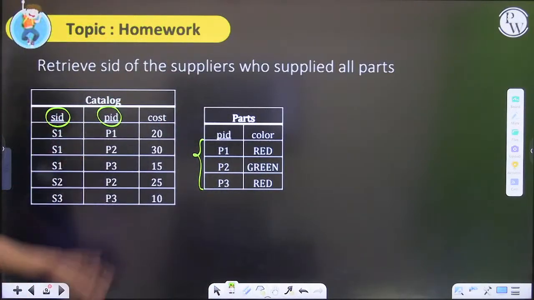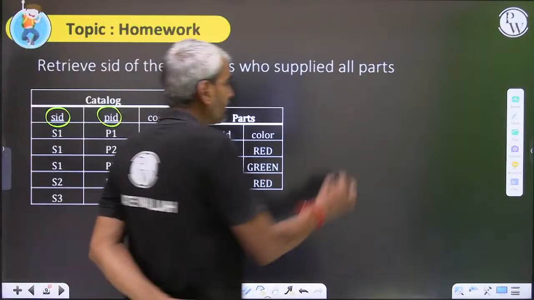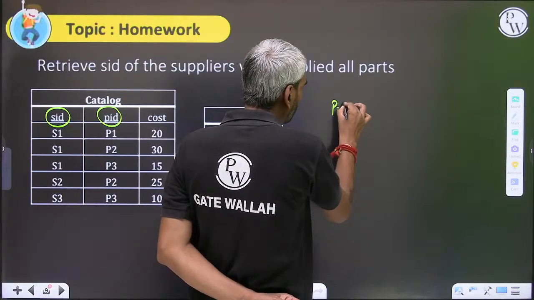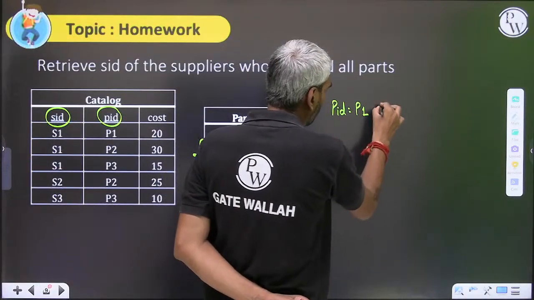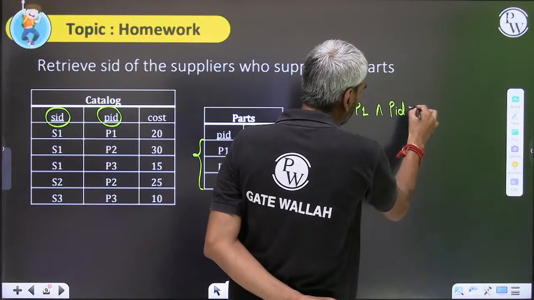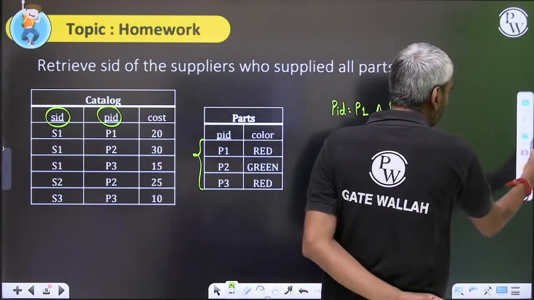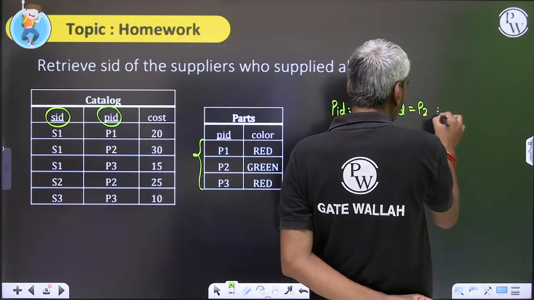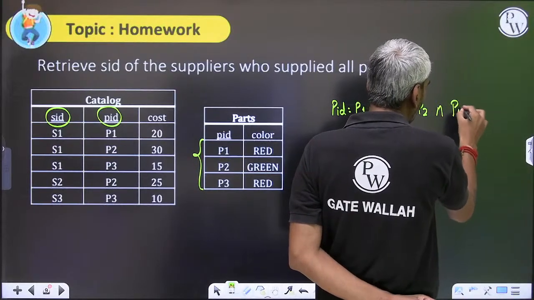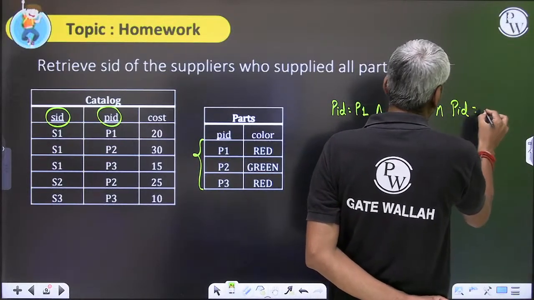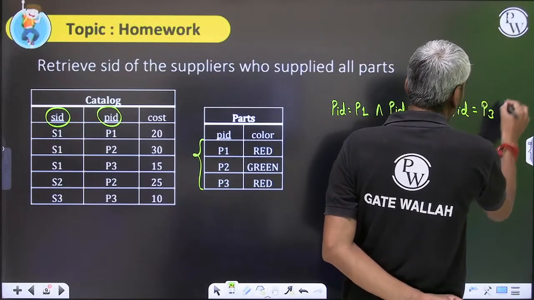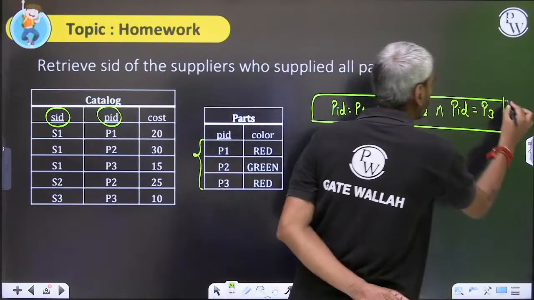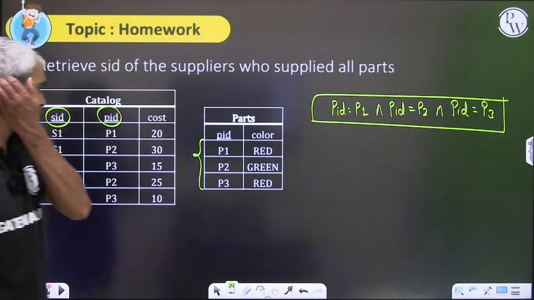Some of you may say, sir, do one thing: PID must be equal to P1, PID must be equal to P2, and PID must be equal to P3. That's a very general answer that I get from students.